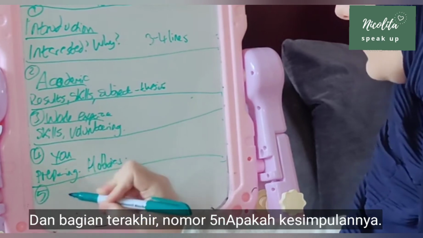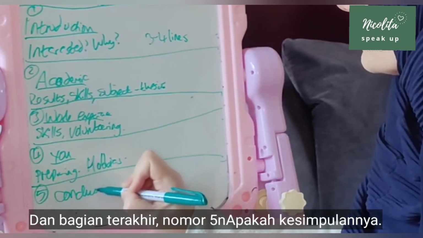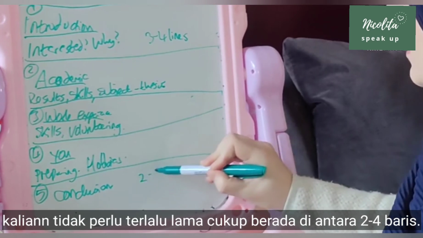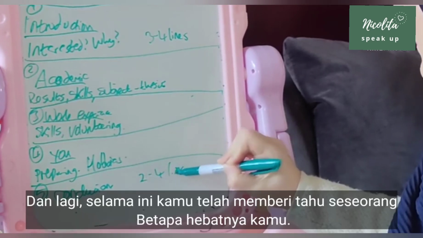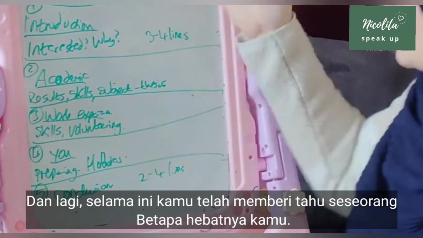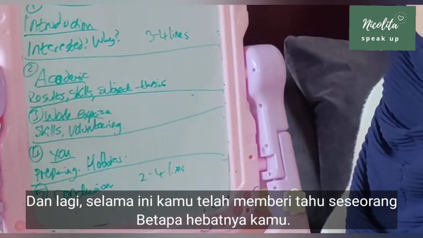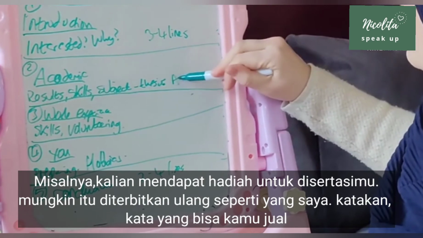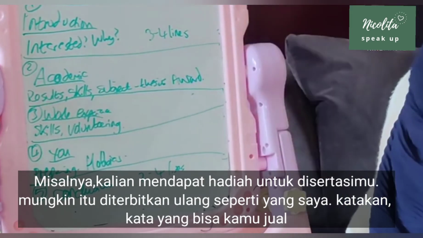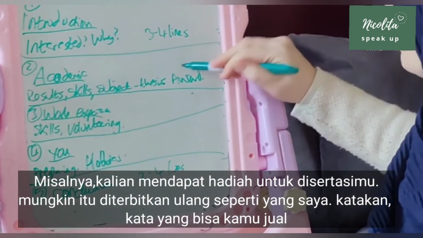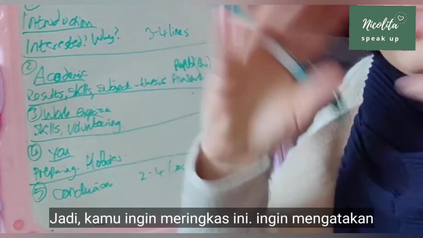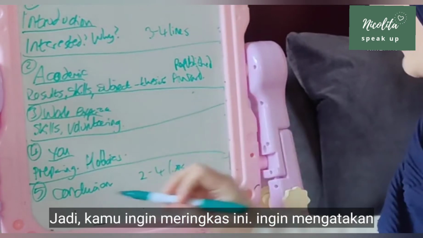And the final section, number 5, is the conclusion. This you don't want to be very long. You literally want it to be between 2 and 4 lines. And again, this whole time you have been telling somebody how great you are. Like, for example, maybe you got an award for your dissertation, maybe it was republished. As I mentioned, you're all the time selling yourself. So you just want to summarize this.